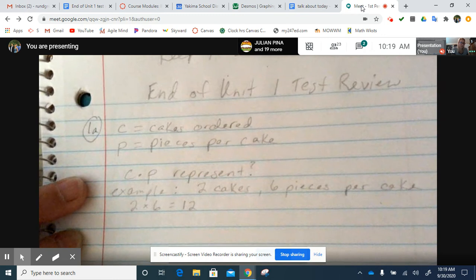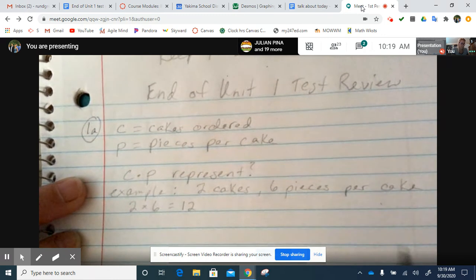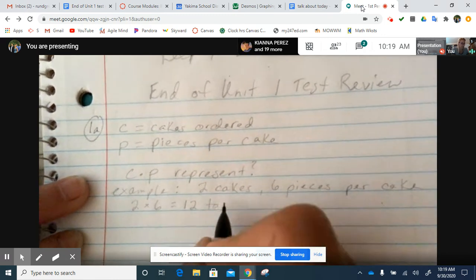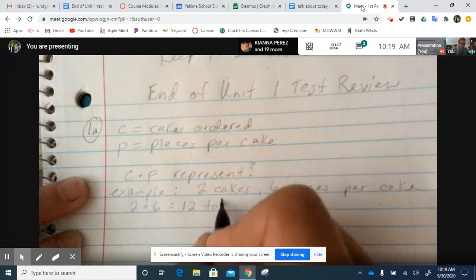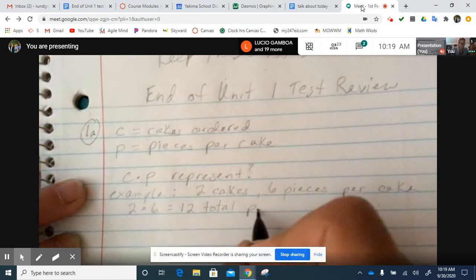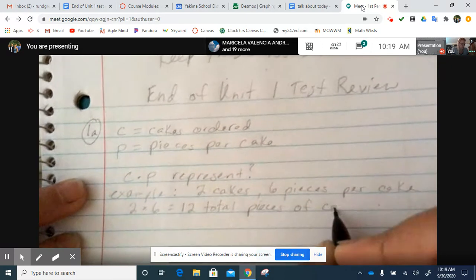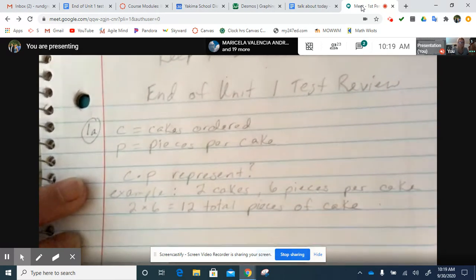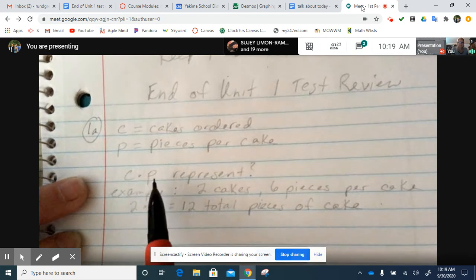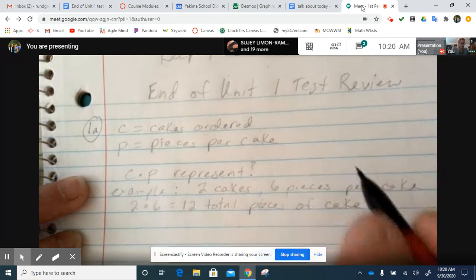What does 12 represent? That's going to be our total pieces of cake. So what does C times P represent?